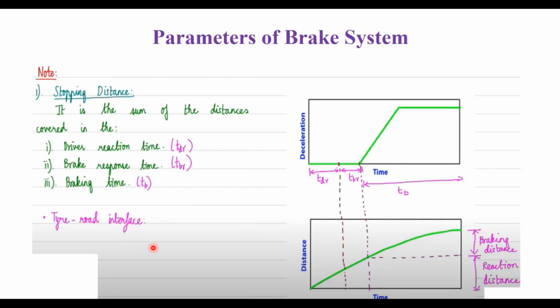If the vehicle is running in normal road, you will have less stopping distance, and assuming that the vehicle is running in a heavy rain condition where the road is completely wet, the braking time may be increased, right, because of the road pattern. In such scenario the braking distance may increase, and when there is an increase in the braking distance, the stopping distance is also going to get increased, which means this stopping distance is also based on the tire road interface.